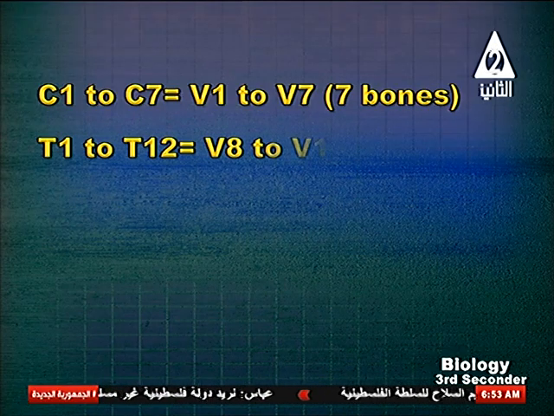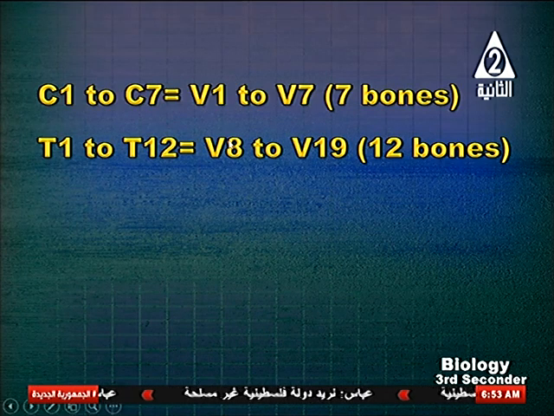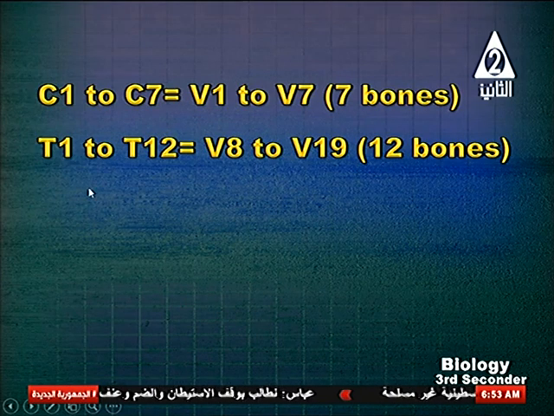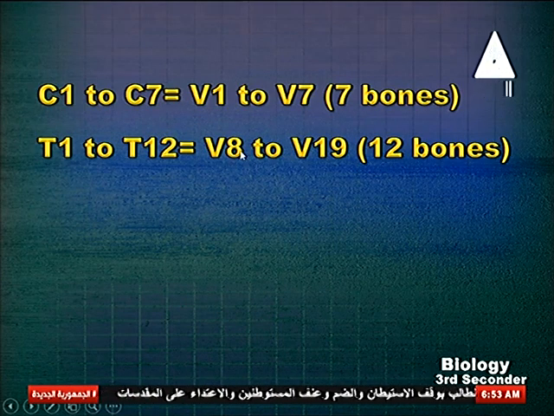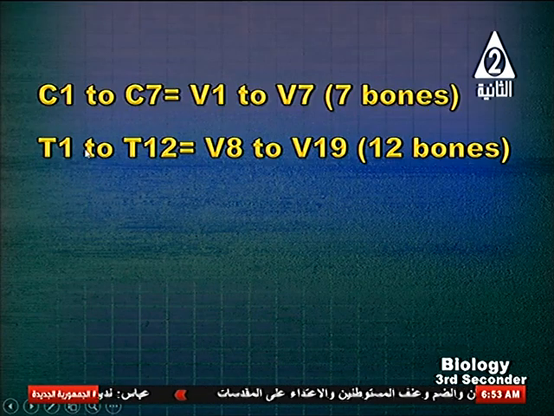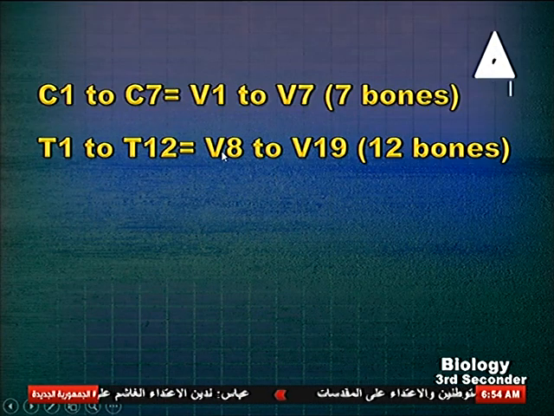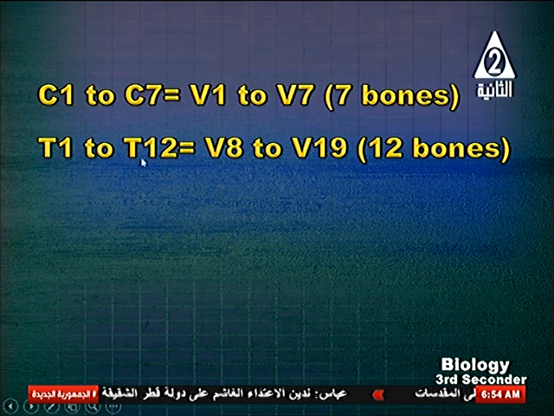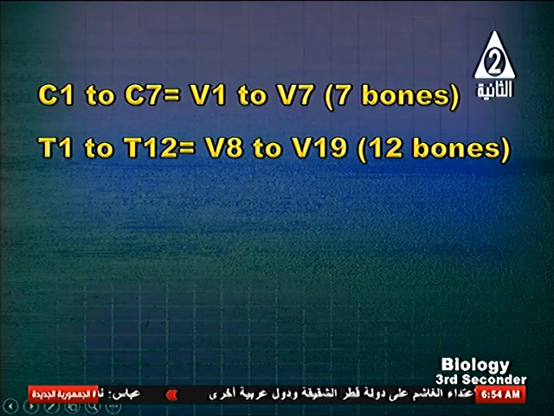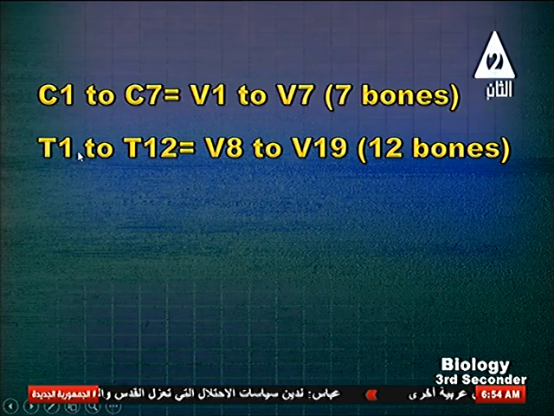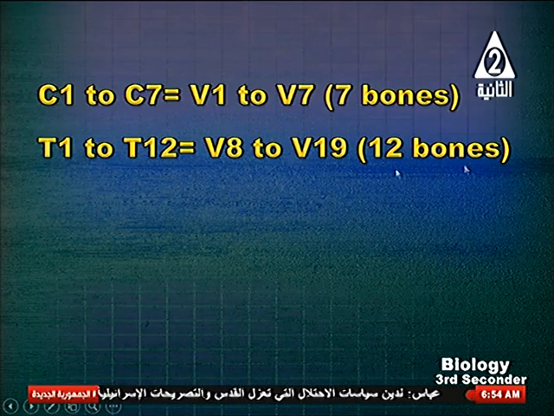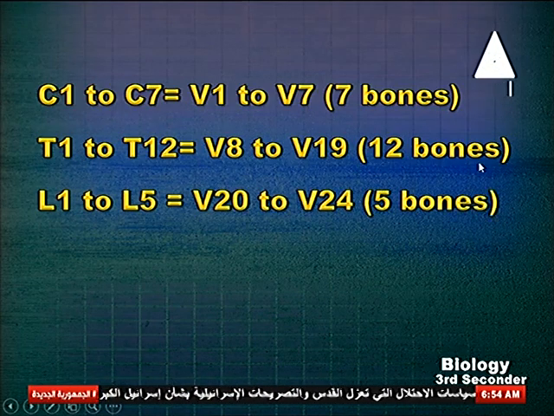From vertebra number 8 to vertebra number 19, we start the thoracic region, thoracic vertebra. The first thoracic vertebra equals vertebra number 8 in the vertebral column. The second thoracic vertebra equals vertebra number 9 in the vertebral column. We add number 7 of the cervical vertebra. And thoracic vertebra, 12 vertebra, 12 bones, because also they articulate together, not fused.